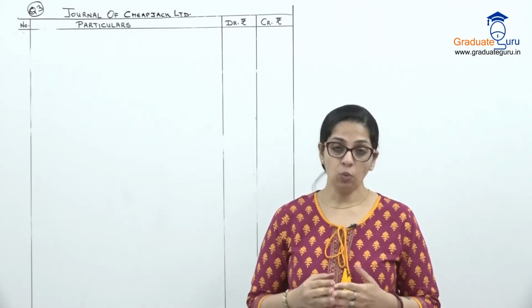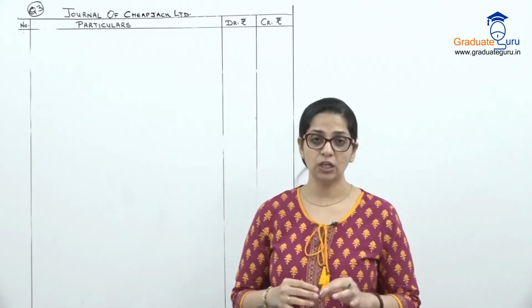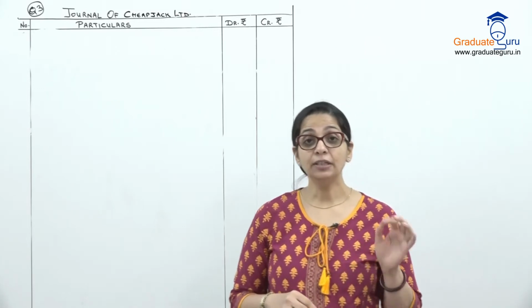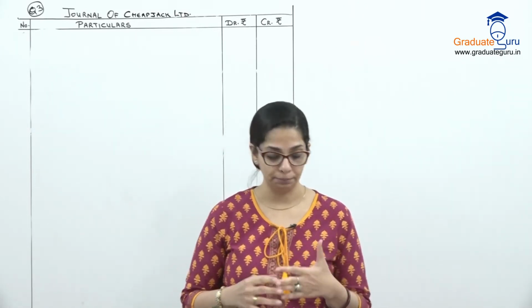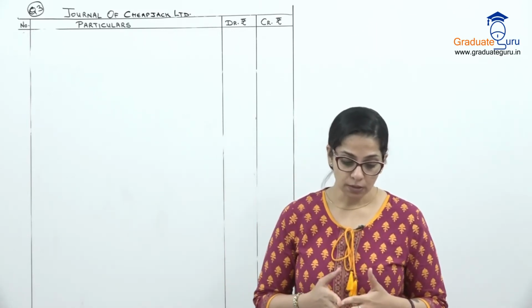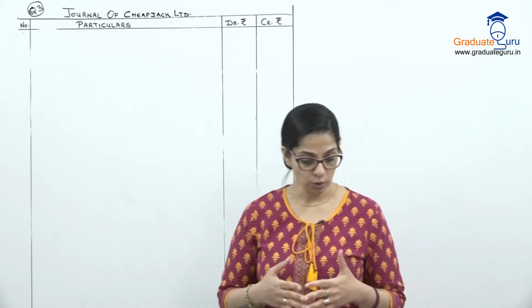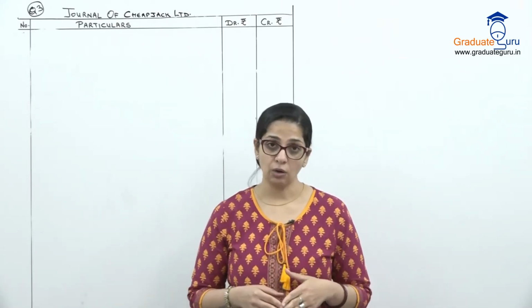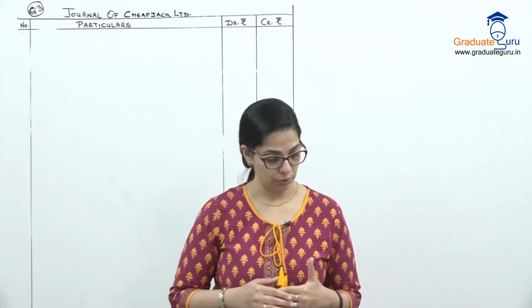The company wants to buy back 15% of its equity shares at a discount of 10%. This time there is a discount, there is no premium. For the purpose, it wishes to utilize its available reserves, which were as follows: profit and loss account 75,000, general reserve 50,000.